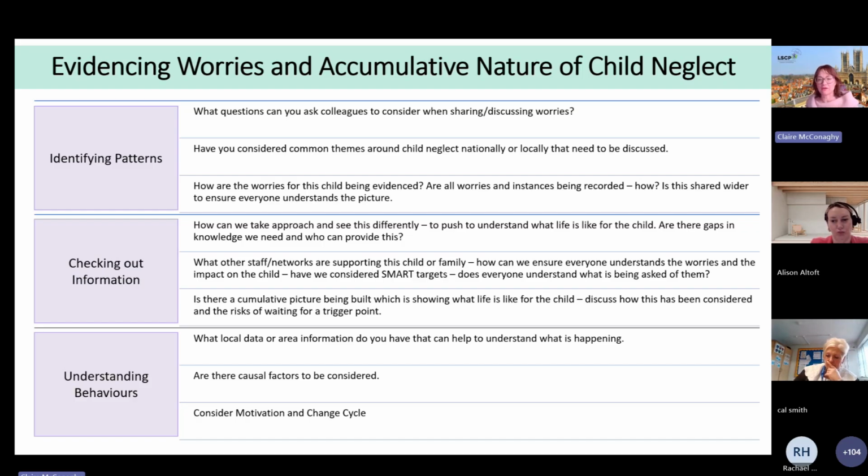And then checking out information. This is about what life is like and the impact on the child. So really bringing it back to that child focus, and reaching out to fill in the gaps.